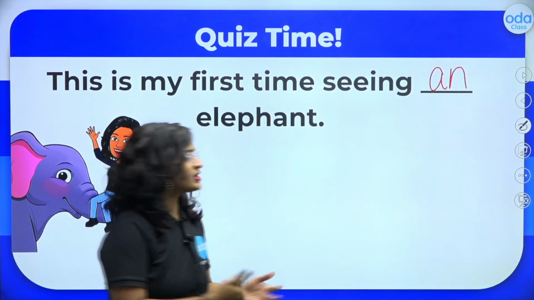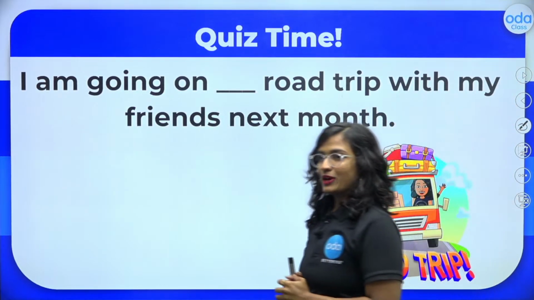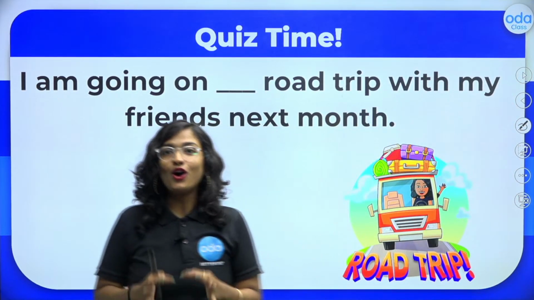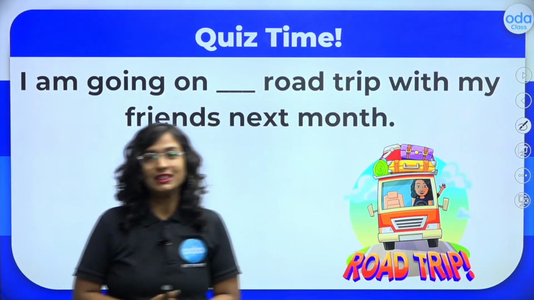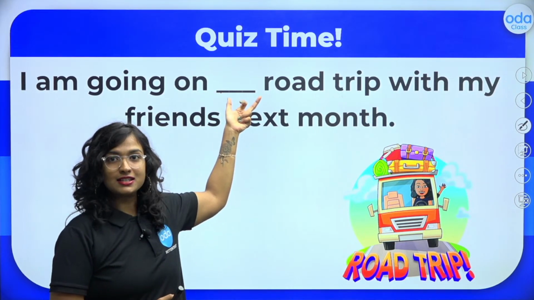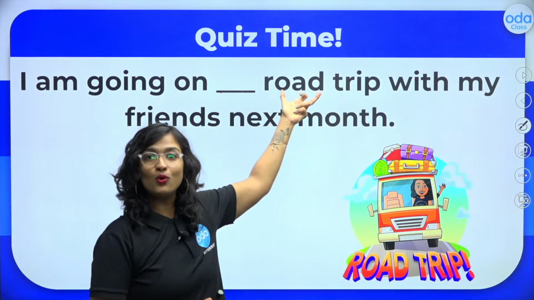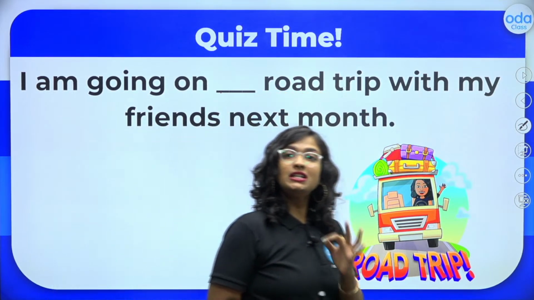So let's take one more example here, right? What about this one? I am going on blank road trip with my friends next month. Now here, students, immediately after the article, we have the word road, right? And road starts with the sound r.